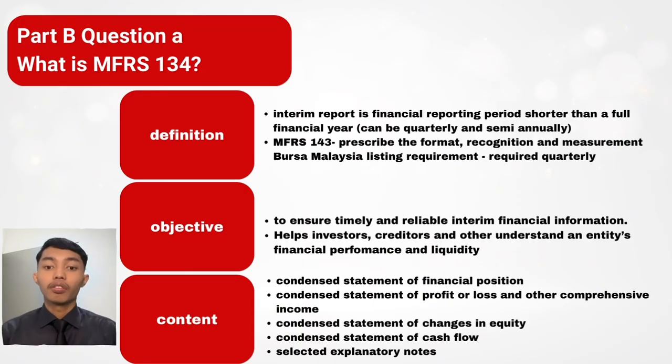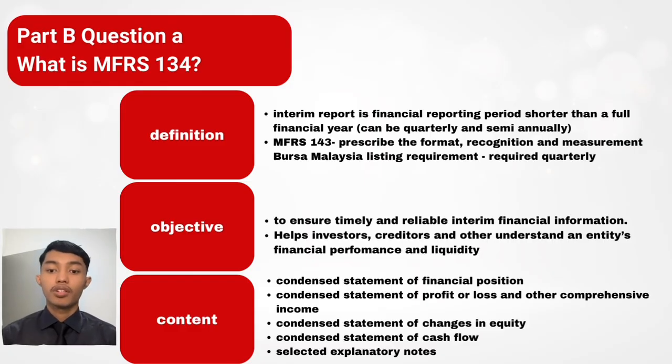Next, the objective of MFRS 134. The main purpose is to ensure that organizations provide timely and reliable interim financial information. This helps investors, creditors and other stakeholders understand an entity's financial performance and liquidity during the year without waiting for the annual report.